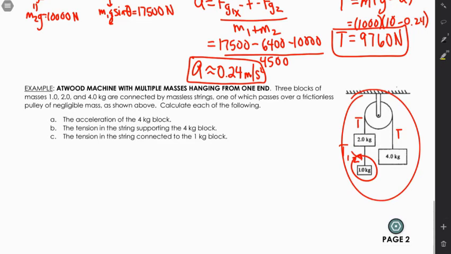I have to account for all the blocks. What's trying to pull this system? FG4, because it's a 4 kilogram block, the 1 kilogram block, and then the 2 kilogram block. The only forces that get canceled out because they're truly inside are the tensions.